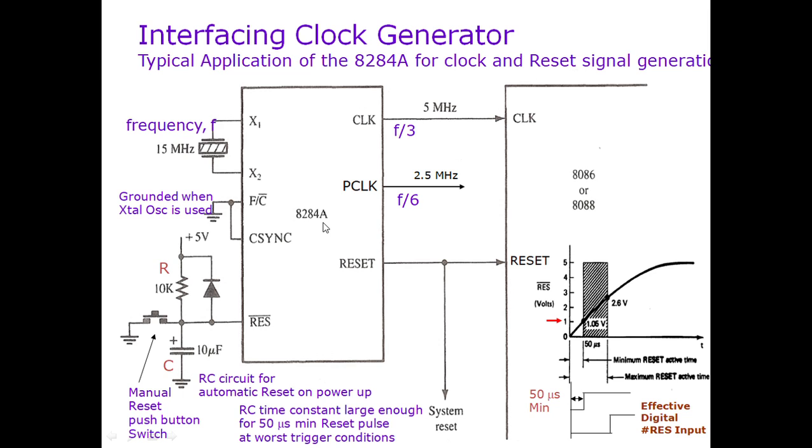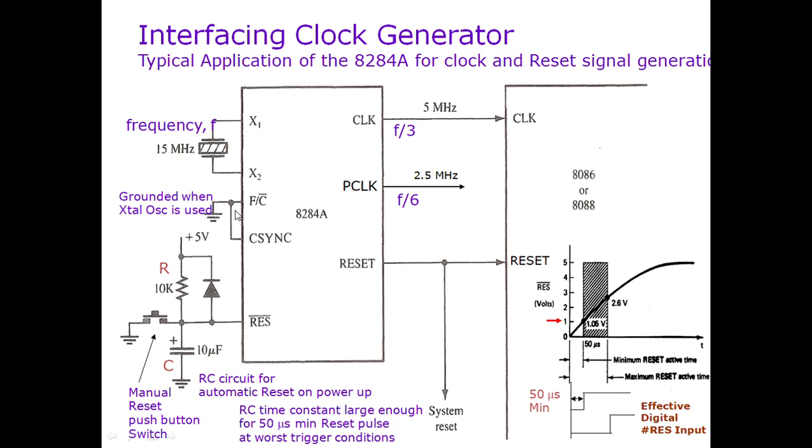8086 and 8088 microprocessor. There is a pin F/C, which selects whether an external frequency can also be connected with this generator. So the input to this generator is taken either from a crystal, which is connected here, or from an external frequency input.